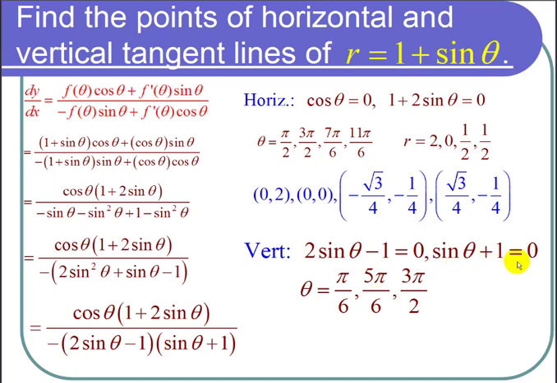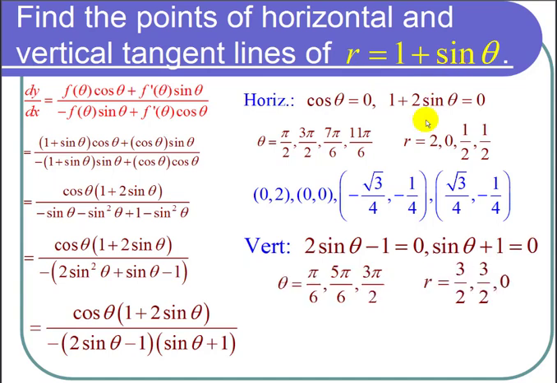Sine theta plus 1 equals 0 when sine of theta is negative 1, and that occurs at 3 pi over 2. So I can plug these three values of theta into my r equation, 1 plus sine of theta, and I got 3 halves, 3 halves, and 0 for each of these values of theta.